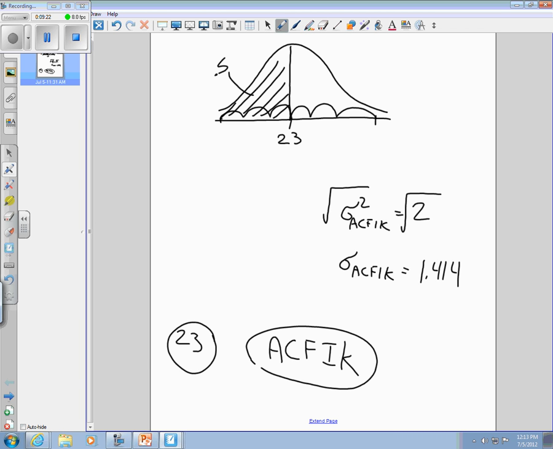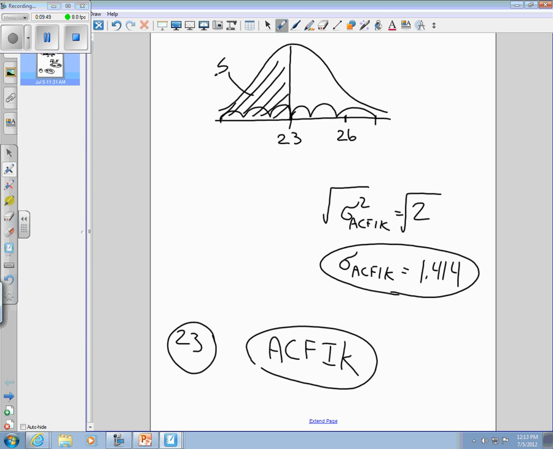If they said to you, what's the likelihood that we could get this project done in, let's say, 26 weeks? Well, 26 would be 3 weeks out, which might be about right here. 3 weeks in addition to what we expect. So, 26. Let's figure this out. How many standard deviations is 26 from 23? Well, each standard deviation is 1.414.